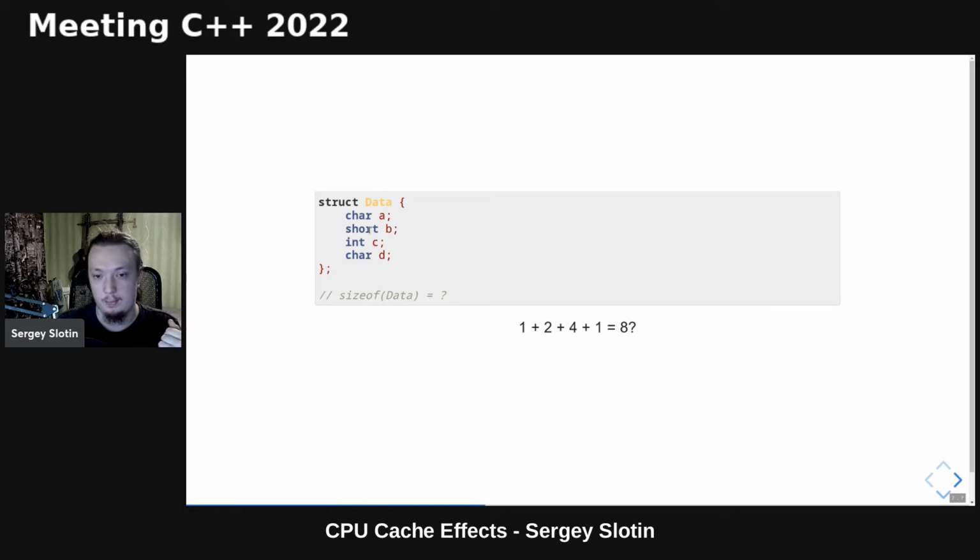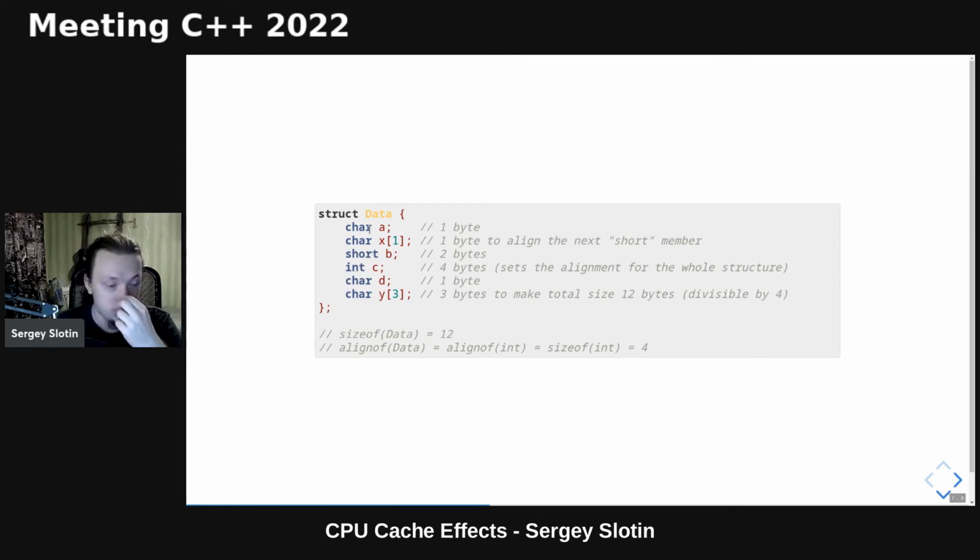So to fix this, the compiler inserts some unnamed members so that each member gets the right minimum alignment, and also so that the next instance of the structure, when stored sequentially, gets the right minimum alignment too. This potentially wastes space, but saves a lot of CPU cycles. The trade-off is mostly beneficial, so structure alignment is enabled by default in most compilers.